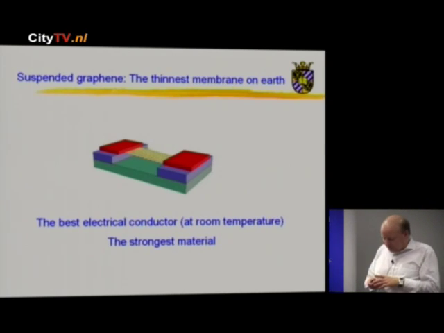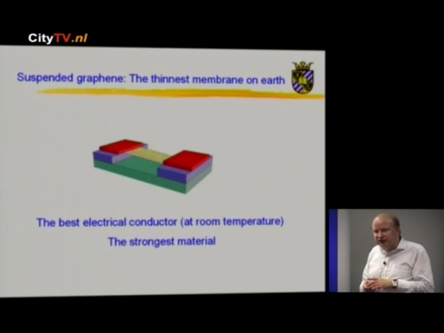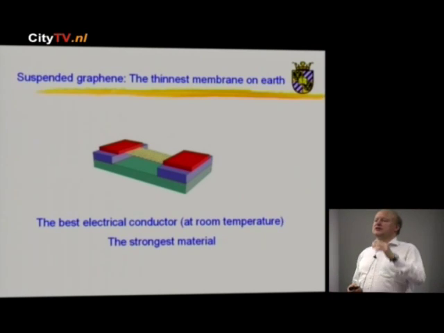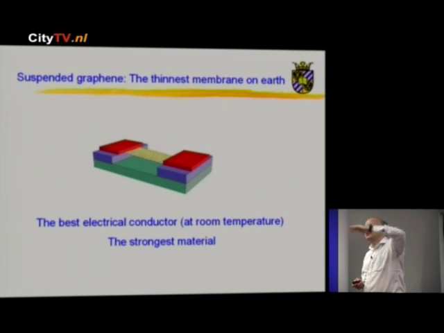There is one group, the group of Walt de Heer, which I should mention, who has been doing that for several years, trying to make graphene layers on silicon carbide. What they did is they took silicon carbide and heated it, so that the silicon disappears from the surface, and then you're left with several layers.